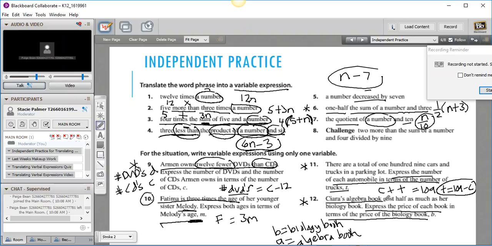We know that her algebra book cost half as much as her biology book. So if we take the amount of money that the biology book cost, we divide it by 2, that is going to equal the price of her algebra book. Or basically, the biology book is 2 times the price of the algebra book. Okay.